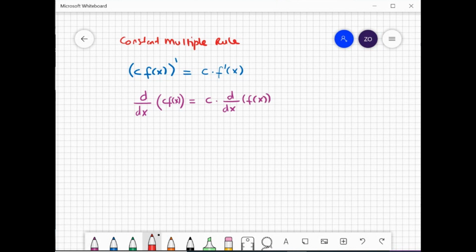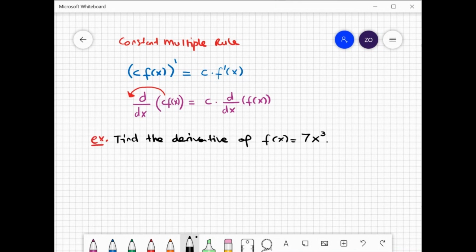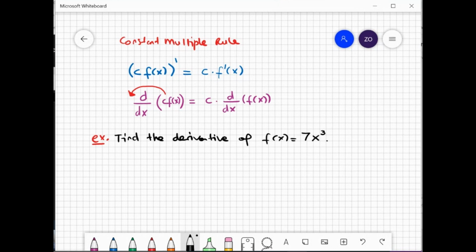Okay, so what do we mean? When you are taking the derivative of a function, any constant multiple, you can take it out and write it in front. Okay, so let's see an example. Let's find the derivative of 7x cubed.